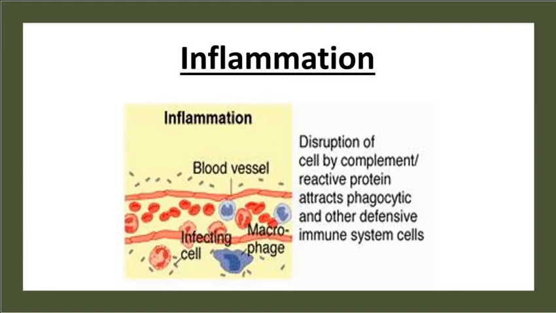It's red because the blood vessels are open. You get pus because those are white blood cells that end up dying if they get overwhelmed by the infection.